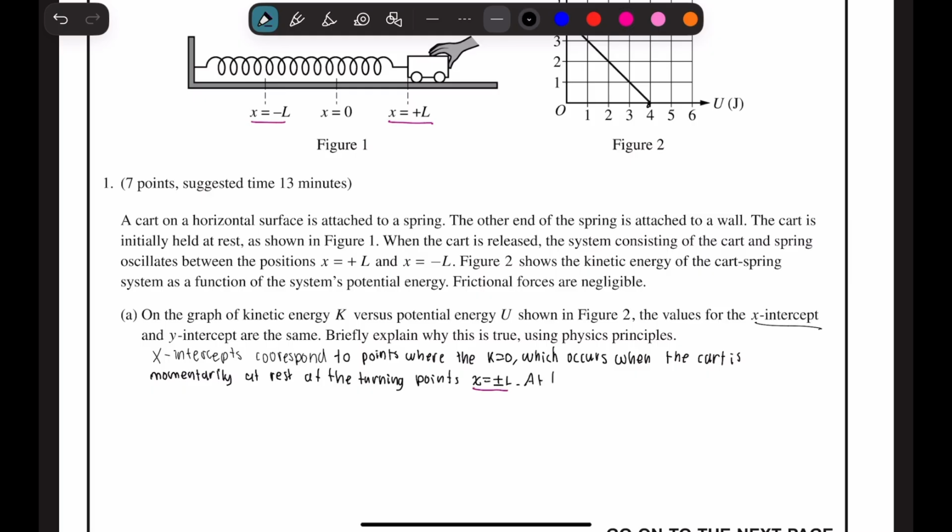And at that point, which we have marked on our graph here, all mechanical energy is equal to just potential energy. So U equals E total.